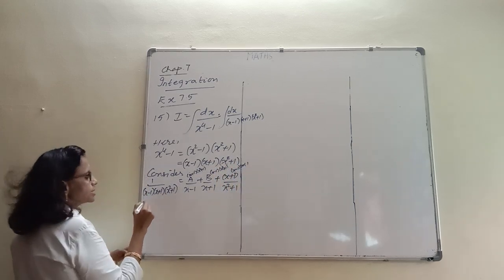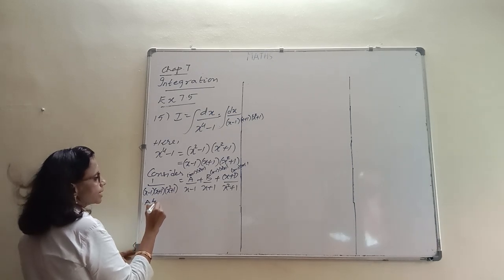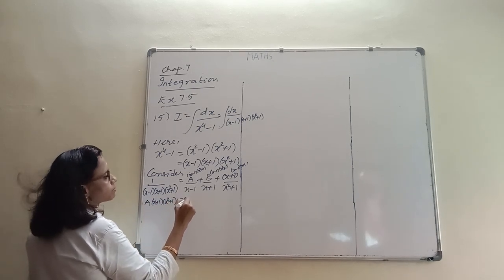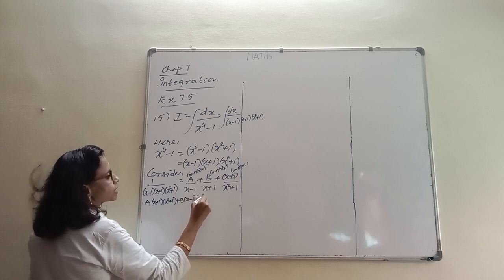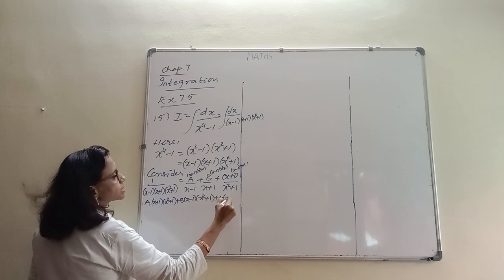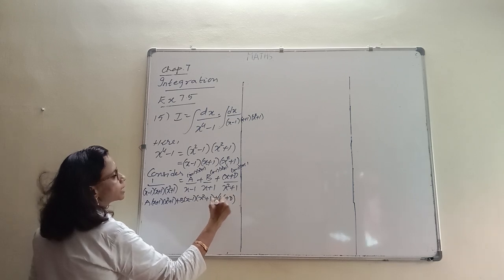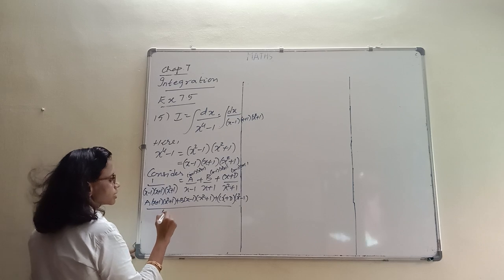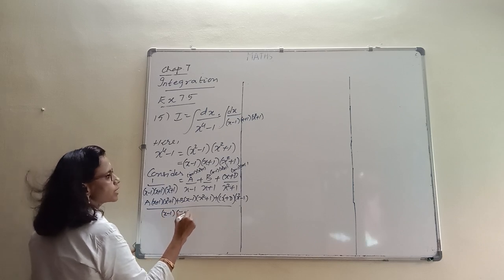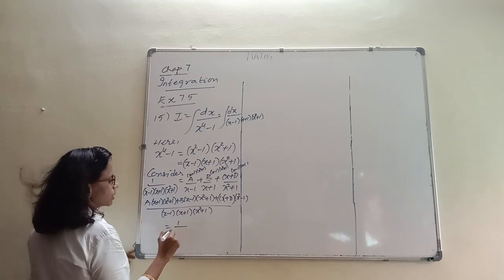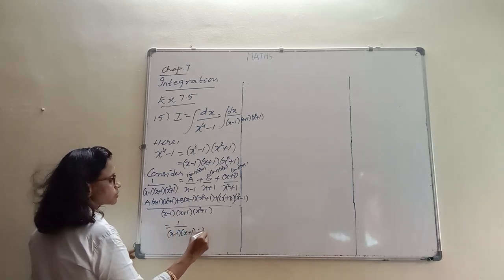So actually what happens is, it is a times x plus 1 x squared plus 1, b multiplied by x minus 1 x squared plus 1, and cx plus d multiplied by x squared minus 1, over all this, x minus 1, x plus 1, x squared plus 1, becoming equal to 1 over x minus 1, x plus 1 and x squared plus 1.